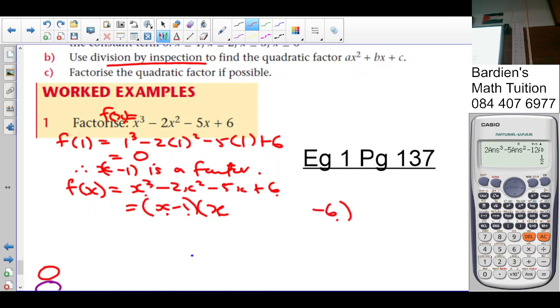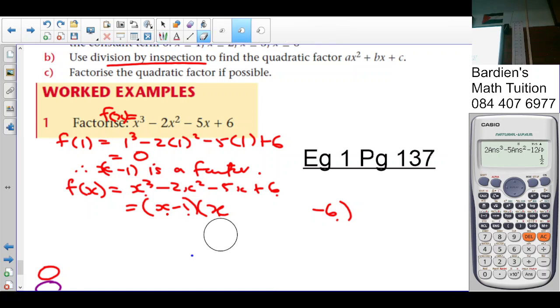Negative 6. Okay? So the middle term, as I indicated, the negative 5x will fall in place because that is a factor. You can do your factorization by inspection on the negative 5x, or on the negative 2x squared. I do it on the negative 2x squared.